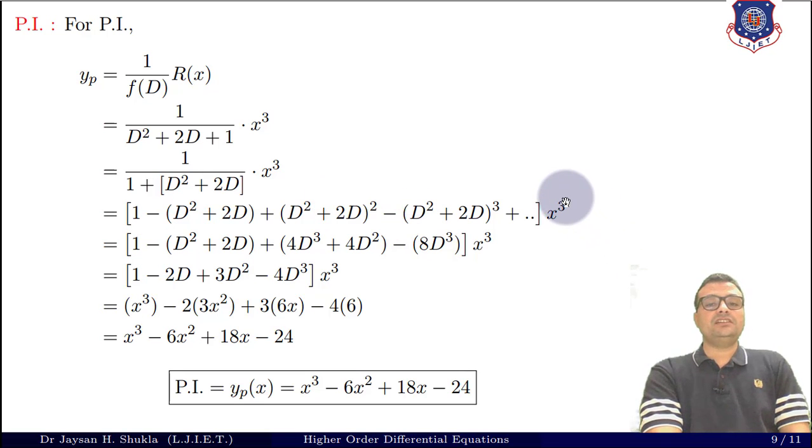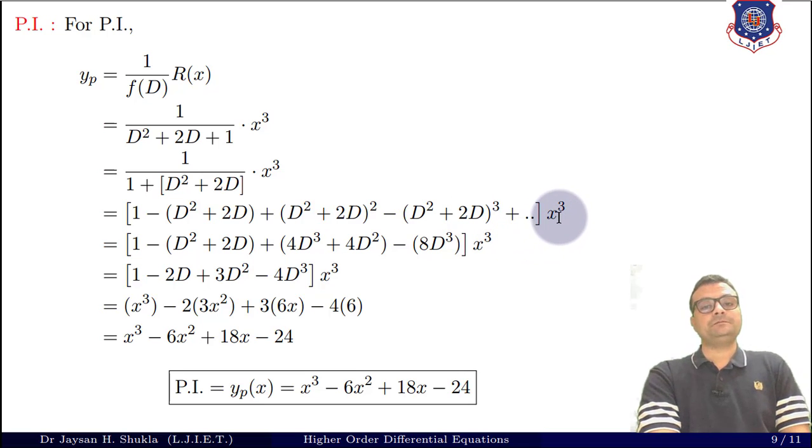Expanding this with the help of our formula of 1 upon 1 plus t. Now here you can see the polynomial is only the single term x cube, so I need to focus on this power, which is 3. I will figure out how many terms in this expansion are needed up to power 3. The first term is constant. Here D square and 2D are both less than or equal to 3, so I need to consider both of these.